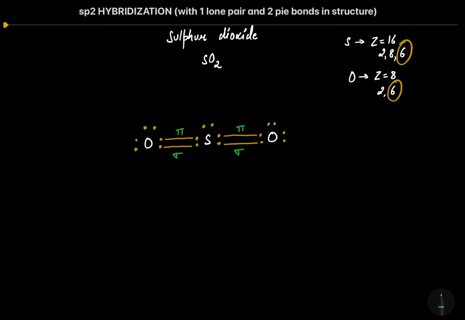Now, before starting the hybridization, let me tell you one thing. I am again saying that hybrid orbitals only form sigma bonds, but not pi bonds.